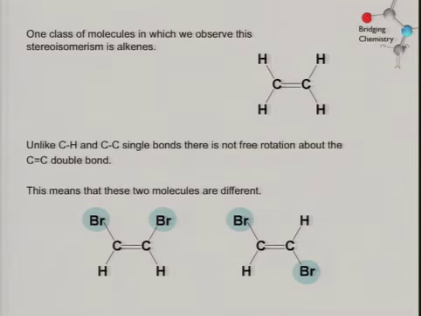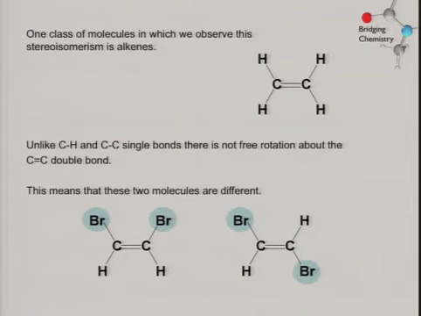If you have a double bond, that's kind of like trying to put 2 axles between a pair of wheels on your car. And if you think about it, that's not going to work. Right? The wheels won't turn. One wheel won't turn freely if you're holding the other one if you've got 2 axles joining them. And so a double bond makes this molecule rigid. And so you don't get what's called free rotation.